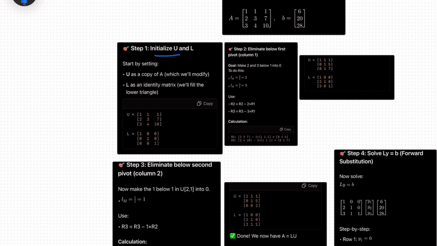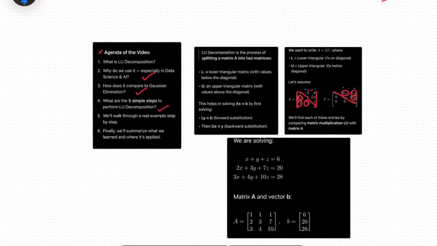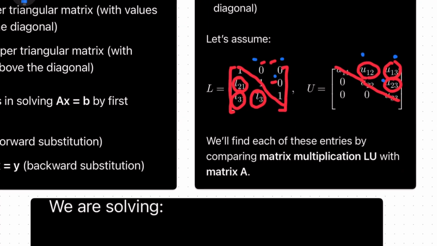Now when you examine this upper matrix, it is an upper triangular matrix, which means you have values above the diagonal. But when you take this one, these are all 0, but here you have values. That's the basic difference between these.